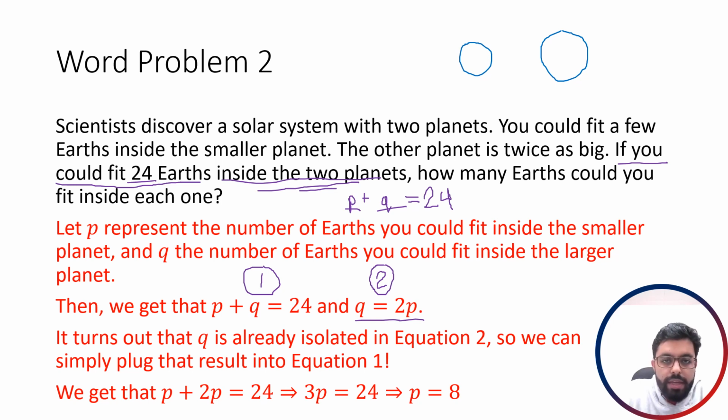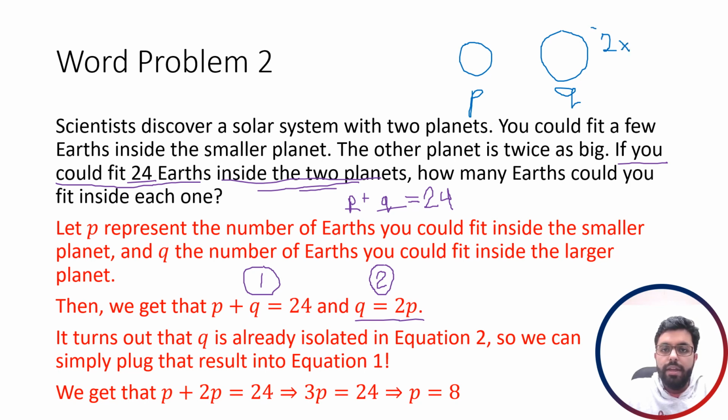All right, so P is the number of Earths that we can fit inside the smaller planet. Q is the number of Earths that we can fit inside the larger planet. And I'm saying the larger planet is 2 times the smaller planet.